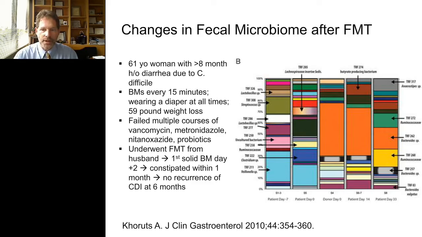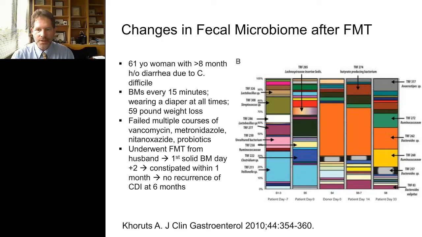And then if you look at the graph on the right from this, the metagenomic look at her fecal microbiome compared to her husband, the donor, you can see what happened. So the second column is the diversity of the patient on day 0 in terms of the flora in the colon. And then the donor is the third column, and then the fourth column is the patient on day 14.